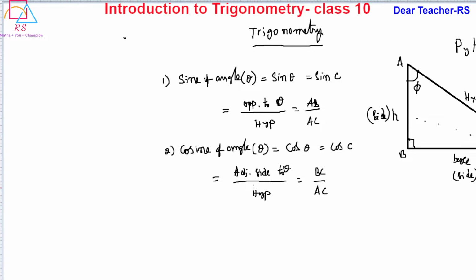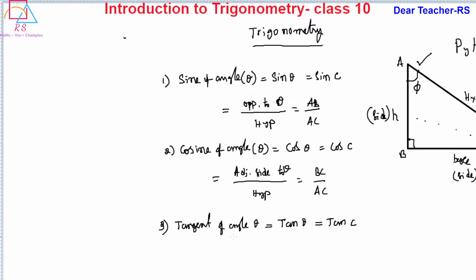The remaining ratios you can easily find out. The third ratio is between sine and cos, or you can have tangent of angle theta. Simply we use tan, tan theta or tan C. Again I will remind you, you can have these ratios with respect to angle A also, with respect to pi also. I will be doing it with theta. I want you to do the same thing with pi.